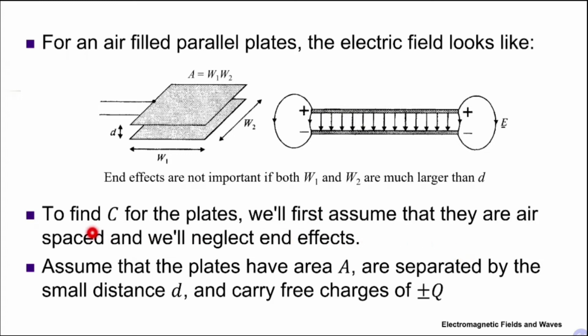Okay, so when we calculate our capacitance, we only account for the electric field between the plates, and we don't account for the field outside the plates. And that makes the derivations a lot simpler.